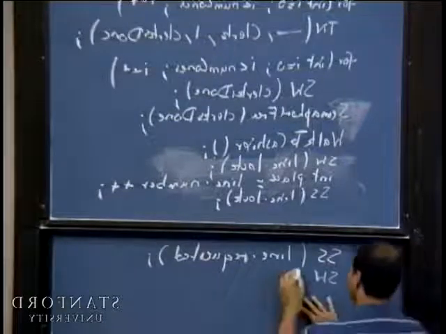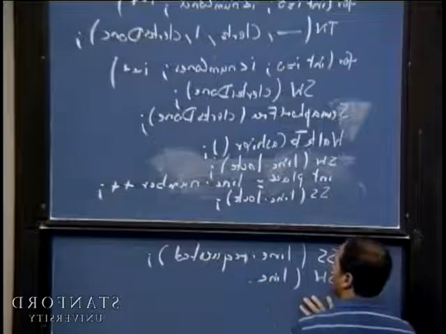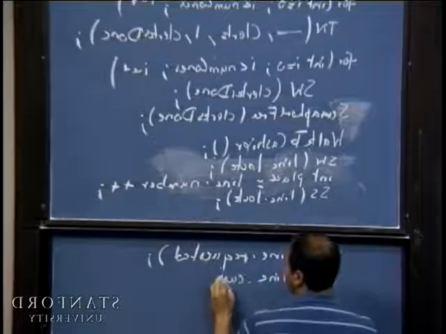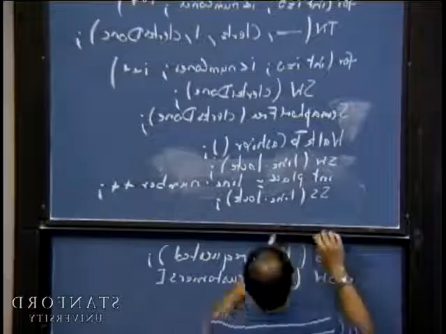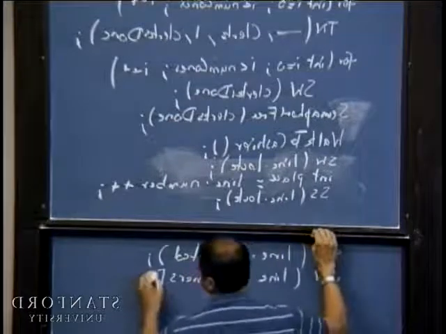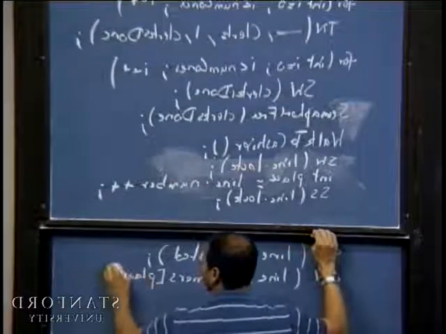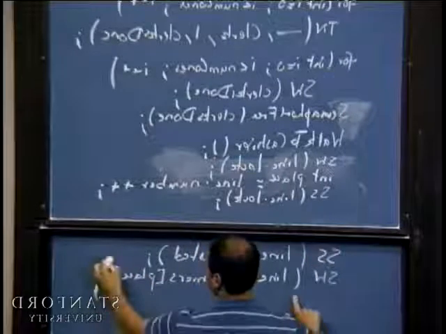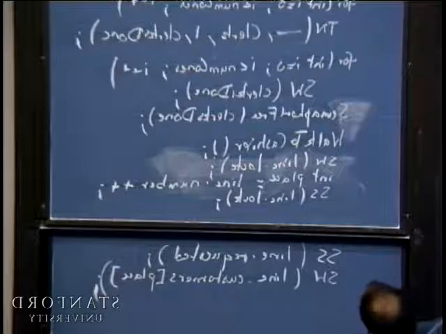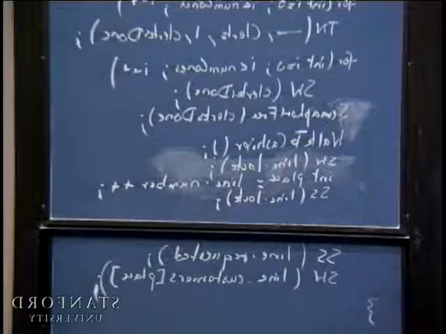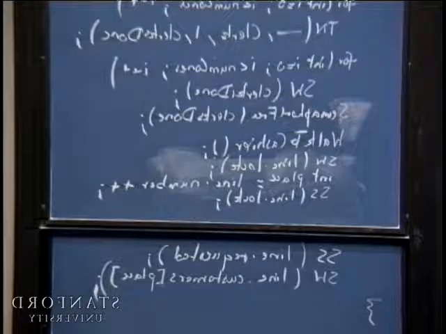So you basically wait on line.customers of your place. Okay? And this is your customer. I don't think I'm missing anything.